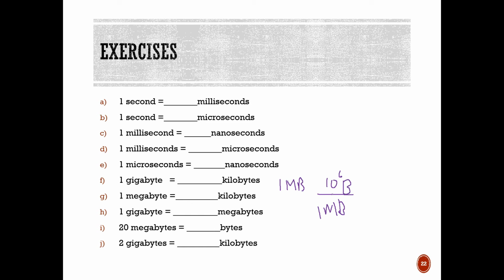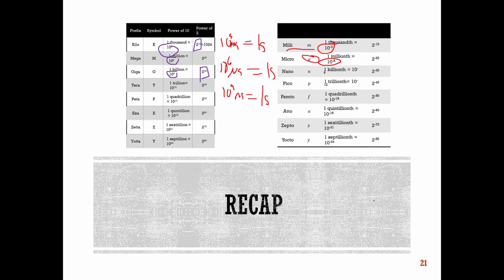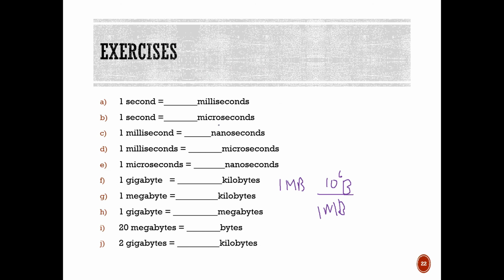And how many bytes are in a kilobyte? 10 to the 3rd. And I just want to make sure you know where I'm taking these numbers from. It's right here. 10 to the 3rd for a kilo, 10 to the 6th for a mega, and 10 to the 9th for a giga. Just want to make that clear.